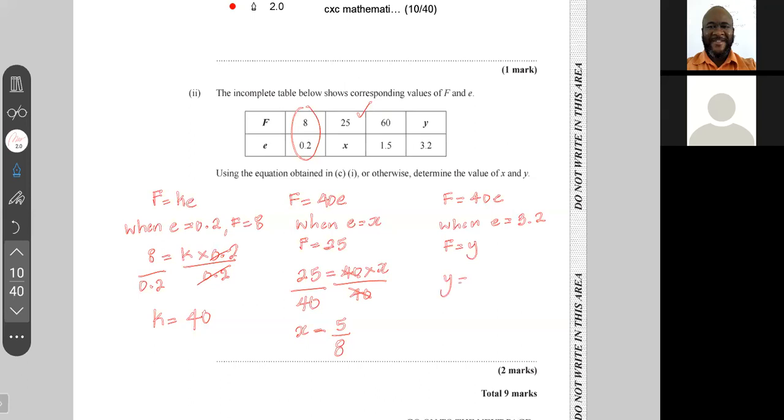Y is equal to 40 times E, which is 3.2. So 40 times 3.2 means that Y is equal to 128. Y is equal to 128.